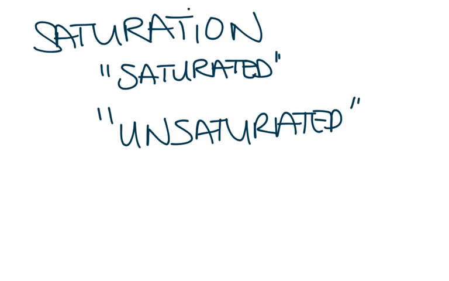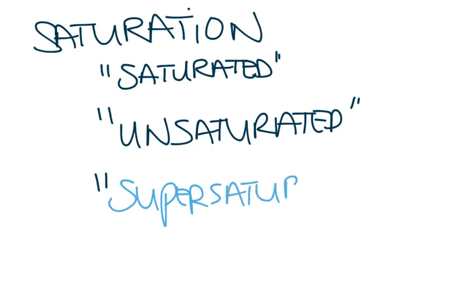If you play around with temperature and pressure and some other factors, it's actually possible to get more than the maximum amount. Okay, this takes a little bit of chemical fooling, but it's totally doable. And if you get more than you're supposed to, wait for it, it's called a supersaturated solution. Okay, I don't know why it makes me happy, it just does. So those are other words you need to be familiar with.